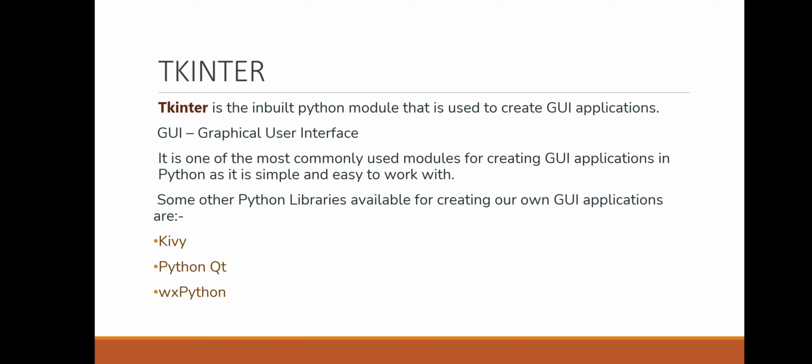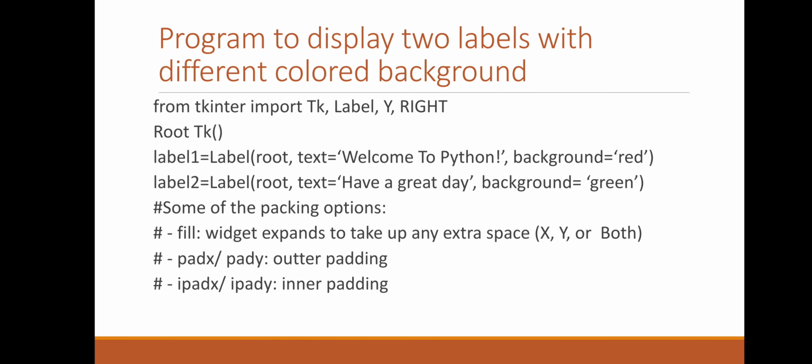So today we are going to discuss two programming examples for this. The first one is a program to display two labels with different colored backgrounds. So we have to display two labels with different colors. Let us write the program.